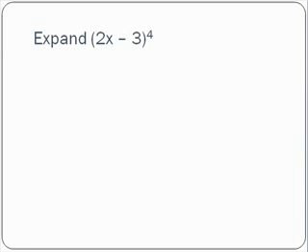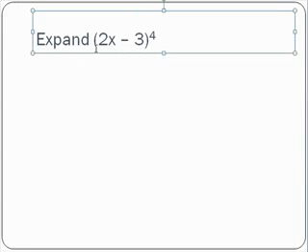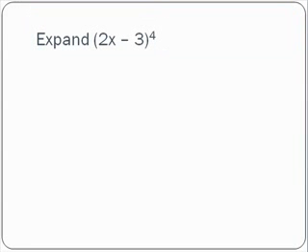So we want to take now, instead of an a plus b or an x plus y, we've got to remember that this 2x now is going to be our whole x. Okay, and what I mean by that is we're going to start with our first term, the 2x quantity to the fourth.